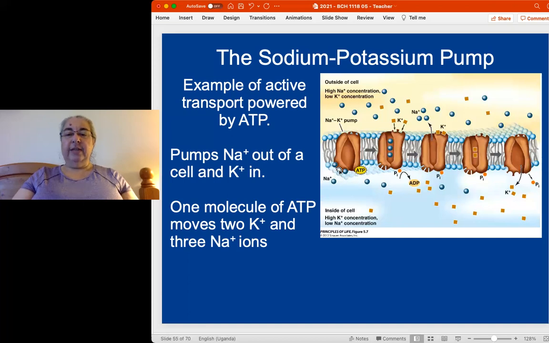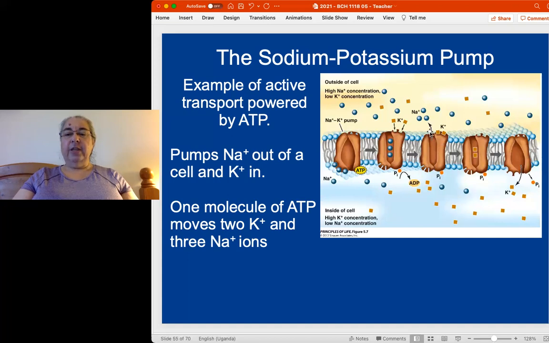This energy allows the transporter to open and to take the sodium ions into it, and this change in shape opens binding sites on the outside for the potassium ions to bind.